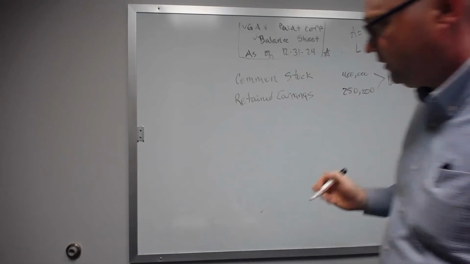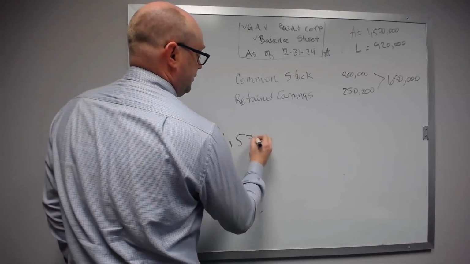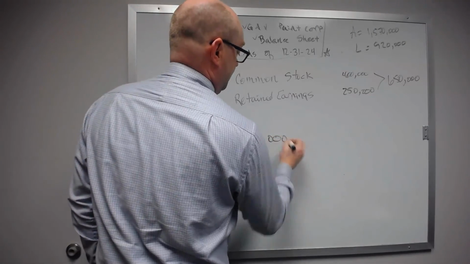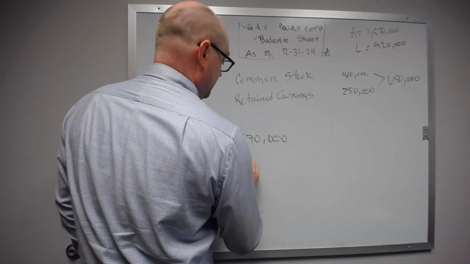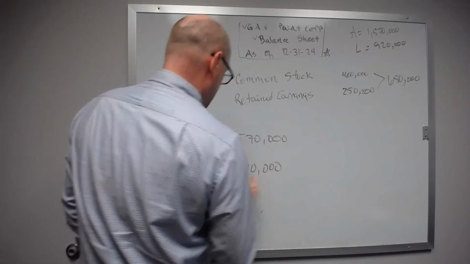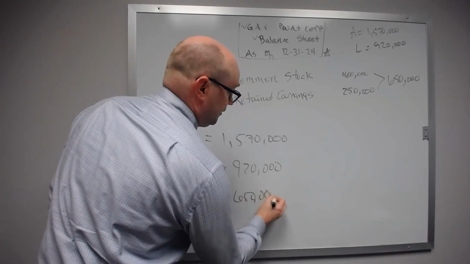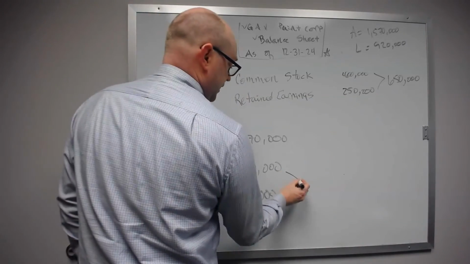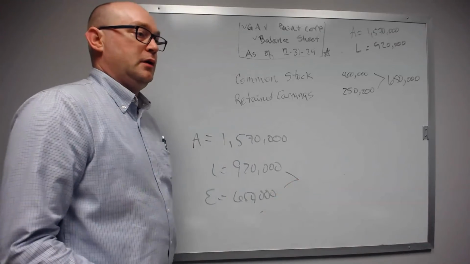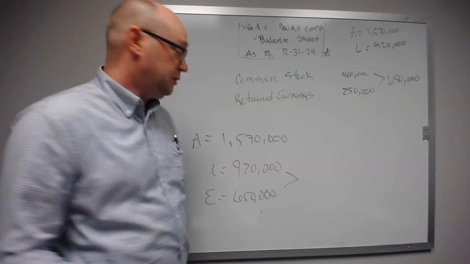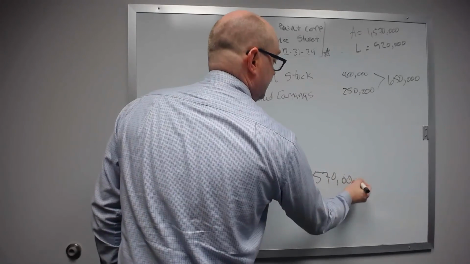So now let's look at this objectively. We've got assets that we know equal $1,570,000. We've got liabilities that equal $920,000. We have equity that equals $650,000. These two together, the L plus E portion of our fundamental accounting equation, equal $1,570,000.